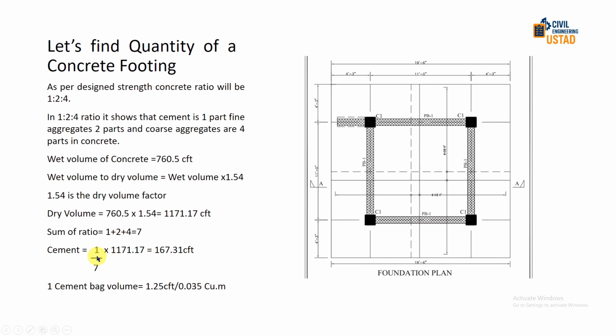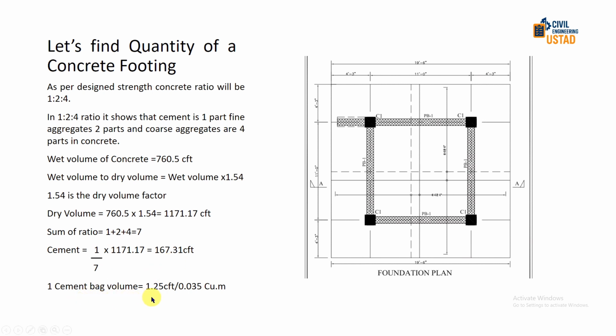Now we will find the quantity of cement, fine aggregate and coarse aggregate. For cement, we will divide by the sum of the ratio, 1 divided by 7. As you can see here, we have the sum of the ratio. So we will multiply 1/7 into the total dry volume. So we will get this value, 167.31 cubic feet. So we will convert this into cement bags.